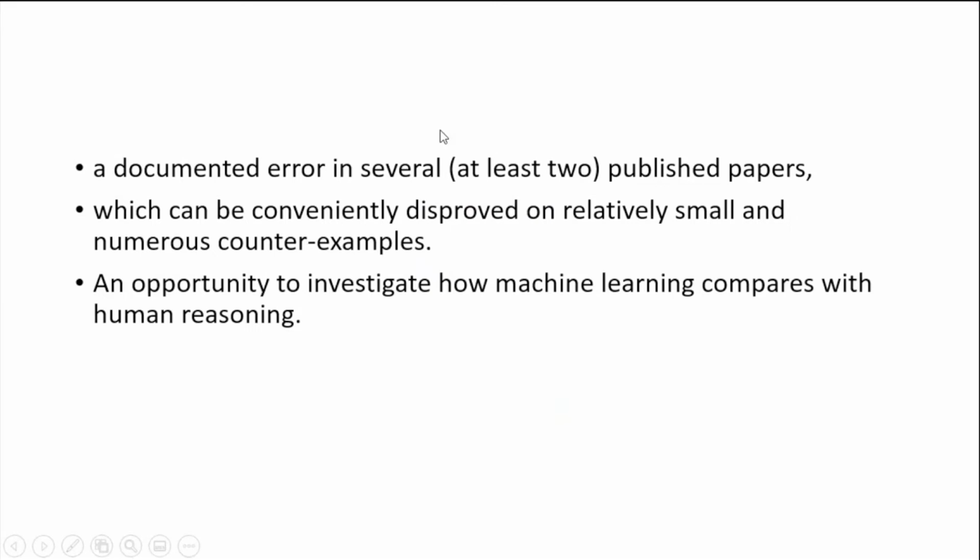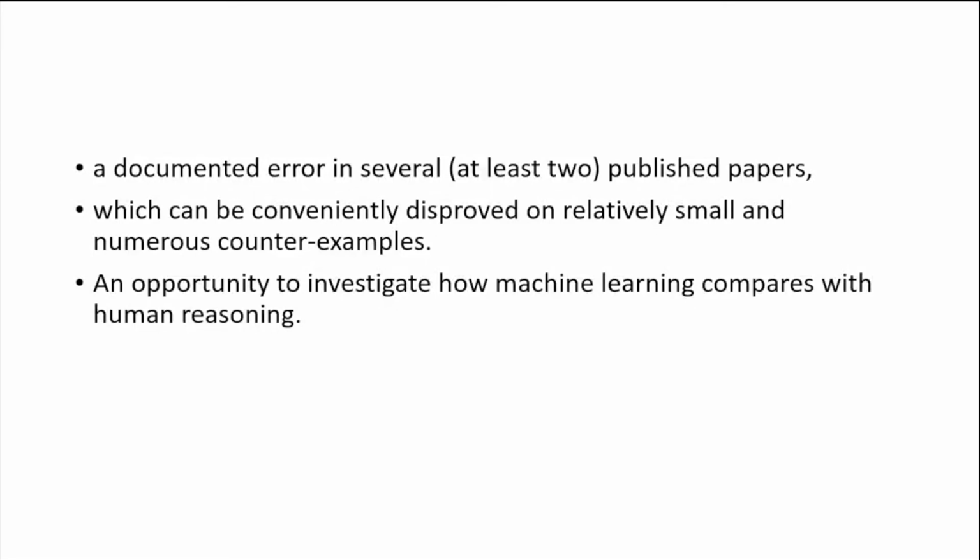So we have a mistake in at least 2 published papers, and there are many examples and counterexamples which can be used, and these examples and counterexamples are small and they are finite, so we can easily produce them and we can easily feed them to the computer to use supervised learning to learn which Gauss diagrams are realizable and not realizable.